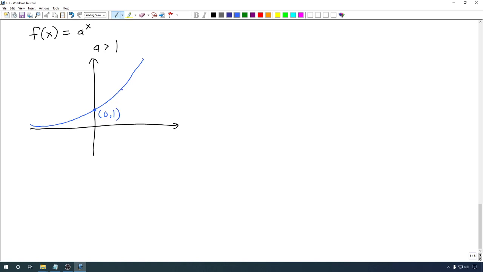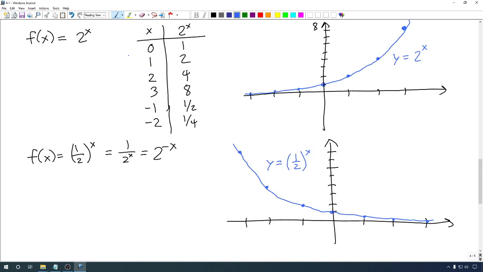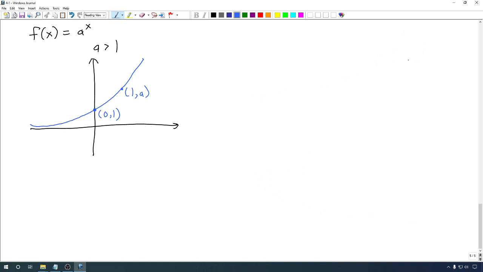We're also going to have the point 1, a always on there. So just like we had 1, 2 on the graph of y equals 2 to the x, we always have 1 comma whatever our base is. When I'm asked to graph something like this, I'll usually go ahead and identify those 2 points and use those to give myself an idea of how big or small things should be.